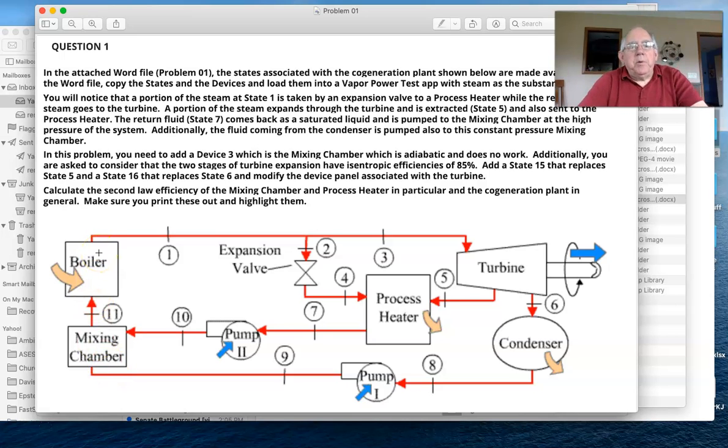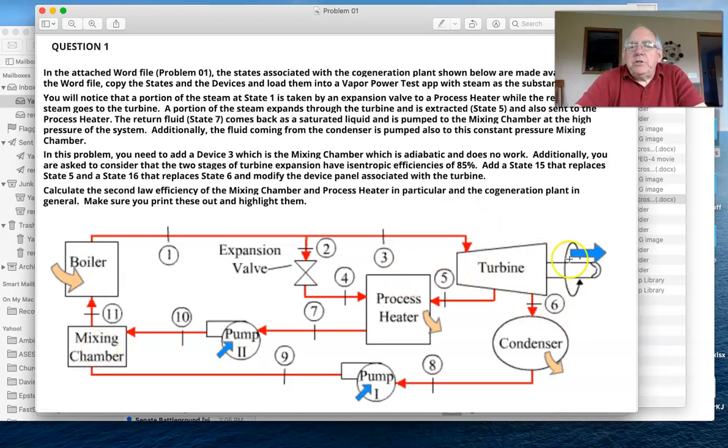So in this particular problem, what you're asked to do after bringing in all of the information is this: device 3 has not been written, and so you are to make a device 3 that corresponds to the mixing chamber, and that will be a multi-fluid mixing type of heater. 10 and 9 will be coming in and leaving at 11, and so we need to do that particular device.